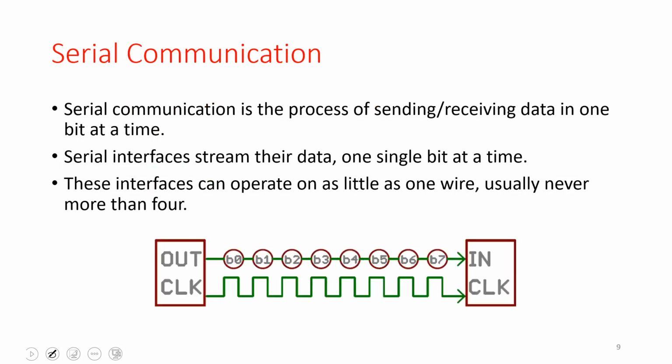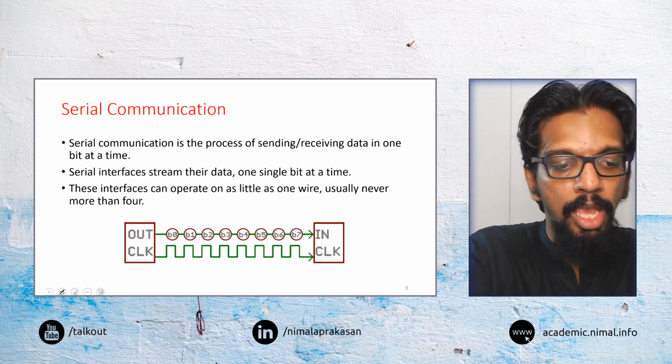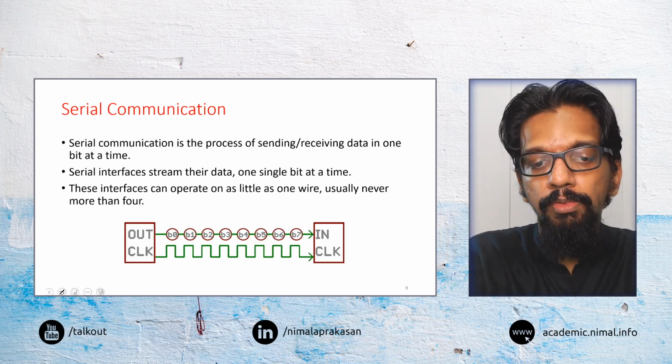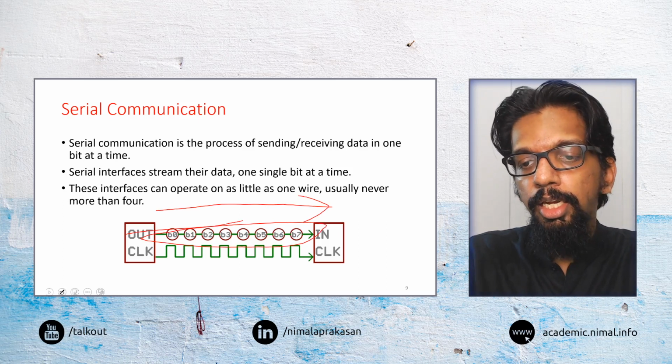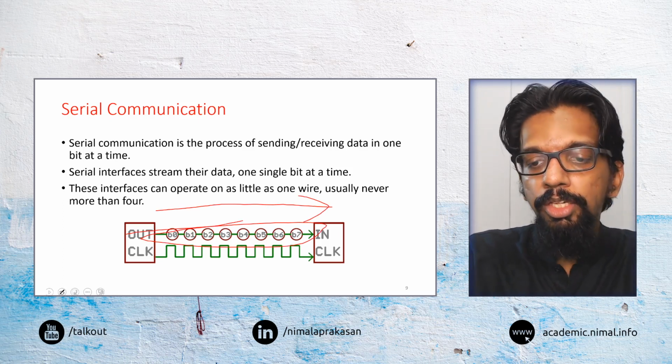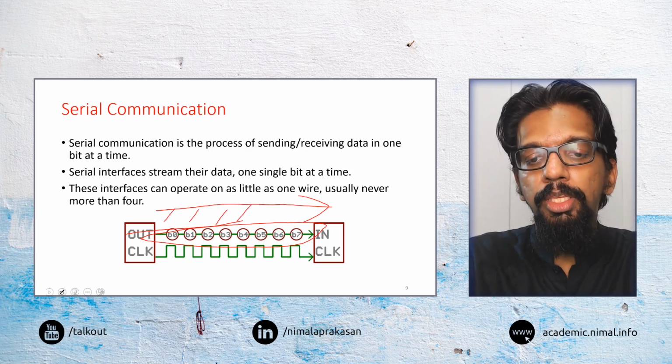So, on the other hand, if we think about serial communication, here we would have one data wire, and that is going to send one bit at a time. So, we have a single line that is sending data across, and it has to send one bit after the other.